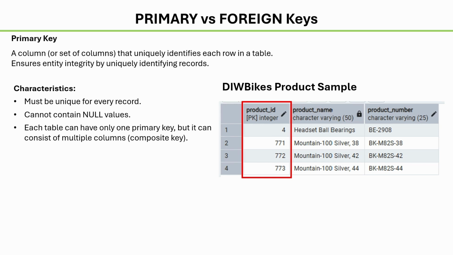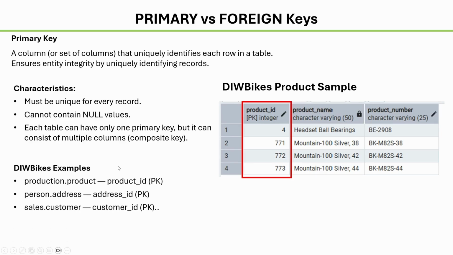However, that set of columns must uniquely identify a record in that table. In our current data warehouse or lab, we have some PKs. For example, product ID here is a PK, address ID is a primary key, and customer ID is a primary key. We're going to do some demos to see how we check to make sure these characteristics are satisfied to qualify a column or multiple columns as a PK.